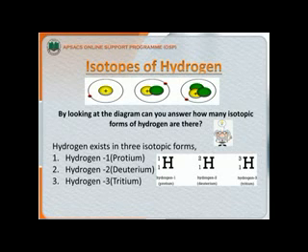So we can say that hydrogen exists in 3 isotopic forms. The first, hydrogen 1, also known as protium. Second, hydrogen 2, also known as deuterium. Third, hydrogen 3, also known as tritium.